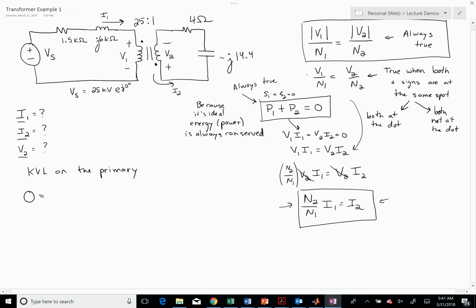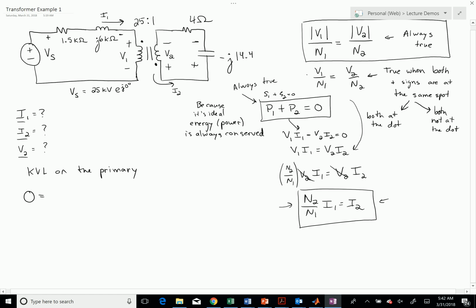So 0 equals, I do my KVLs always the same way. I start down here and I work myself around in a clockwise direction back to where I started. If I'm going to do this, I like to define my polarities. So I'm going to define a polarity there on that impedance, so I have a voltage drop across the transmission line impedance. And then on the secondary side, I go plus to minus, because I have a current flowing into the load here.